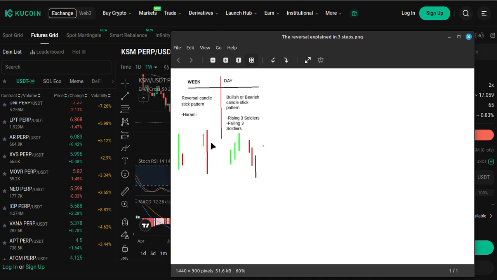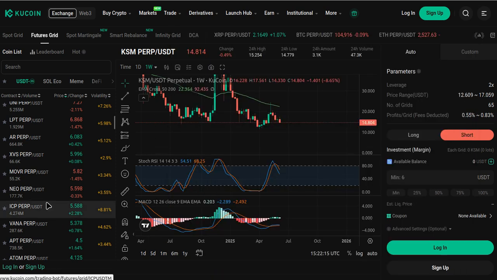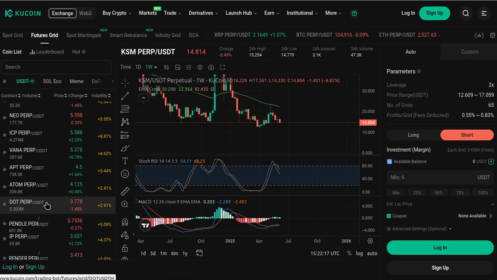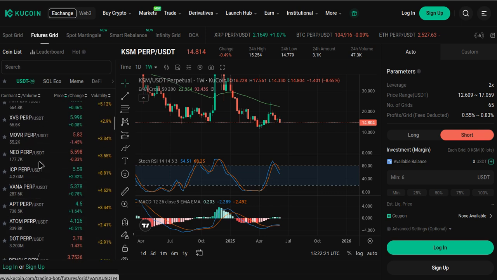Without these two patterns, there is no reversal. And then this reversal pattern has to be confirmed by trending patterns, which are these two here, right? And so I have not seen a reversal on Uniswap, and that's why it does not qualify.